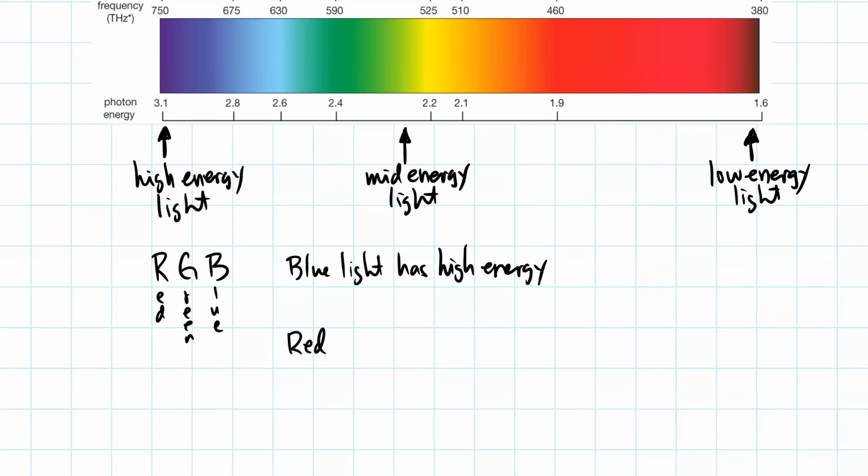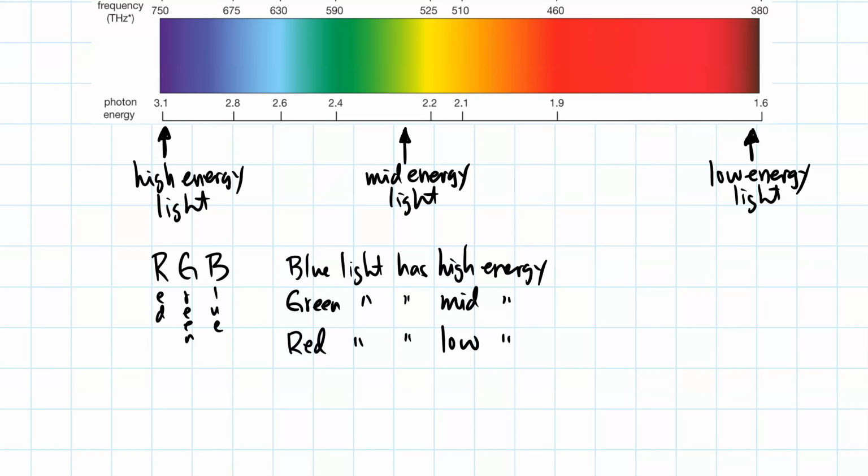Red light has low energy, and green light has mid-level energies here. If you look at the spectrum, you could see that the light that has more energy than blue is the violet, whereas yellow light has more energy than red but has less energy than green here.